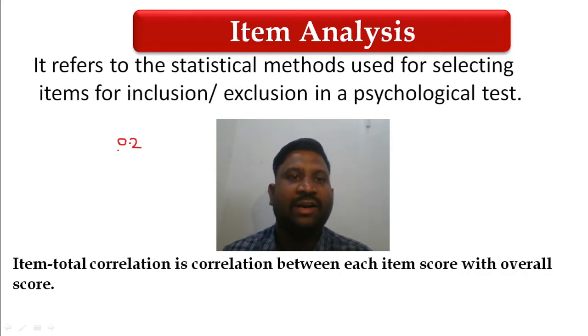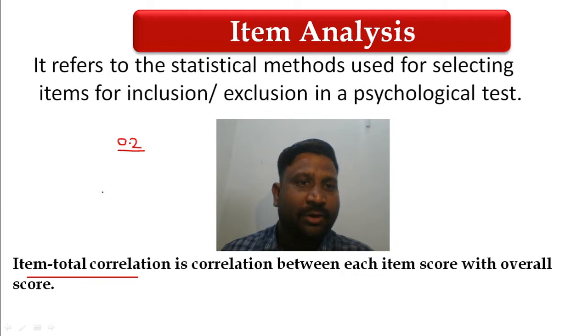If the value of the item is less than 0.2, we exclude the item. If the item total correlation is more than 0.2, we will include the item.